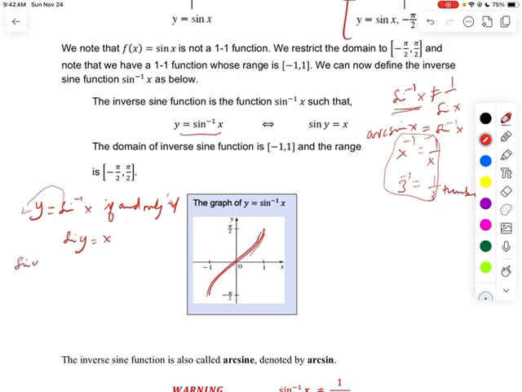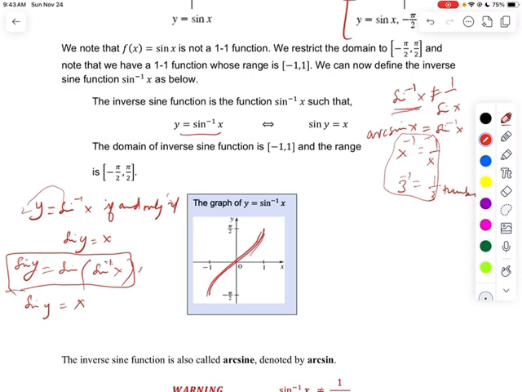Why do we use this -1? This is a notation that is used in upper level mathematics. But later on, scientists came up with another way of writing it, and that is arc sine x.